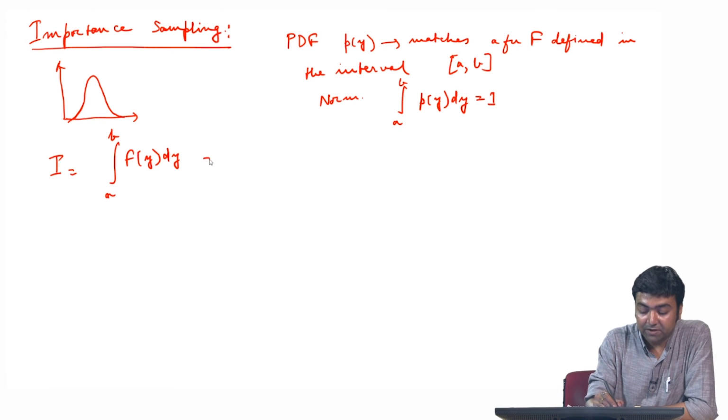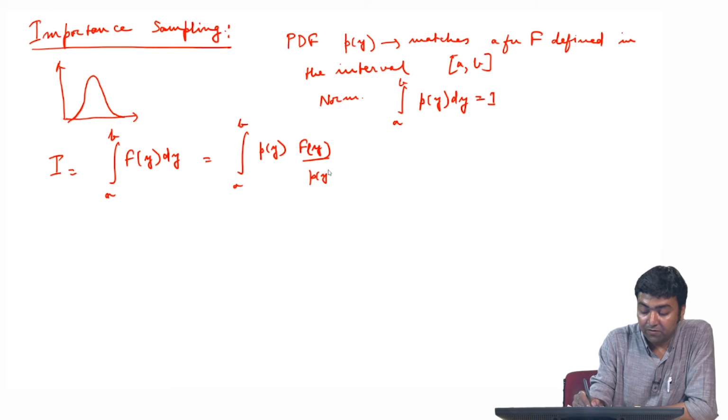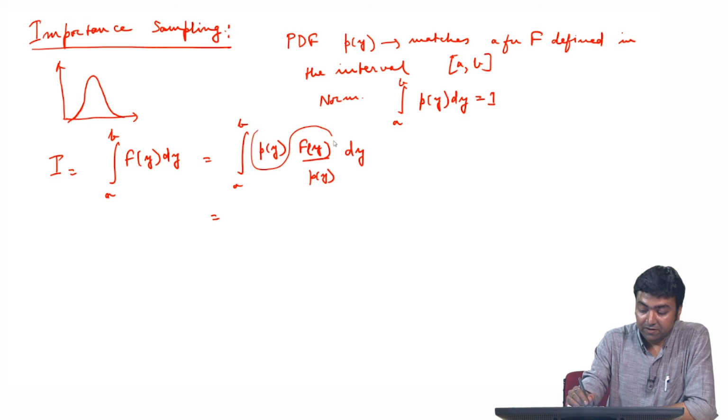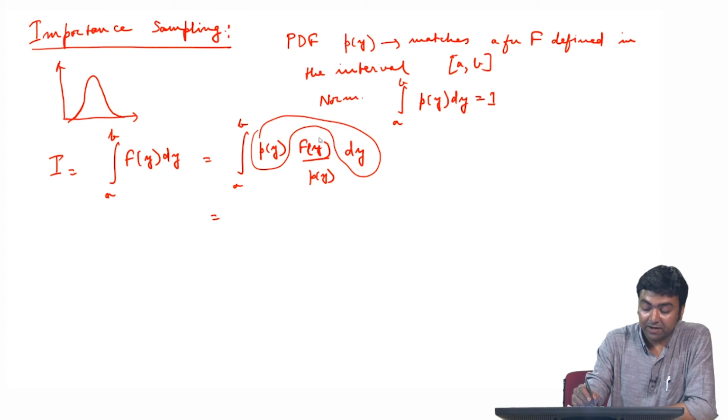As in the previous case, we use the same trick: I multiply the integrand with p(y) and also divide the integrand with p(y). So, I have p(y) dy, and this is nothing but dx, and this is my modified function.